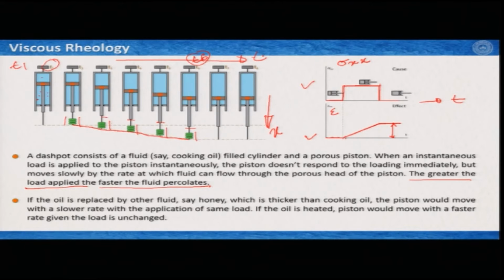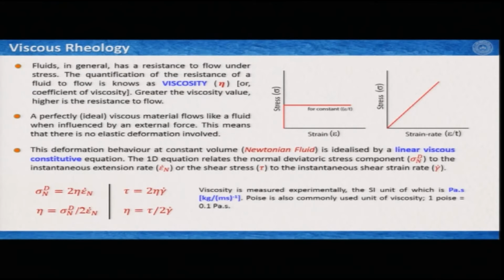That we can understand very easily and very quickly with the example of a dashpot. So, as we have learned that fluids in general have a resistance to flow under stress, and this typical term, that resistance to flow, when you try to quantify this resistance of flow of fluid under the application of stress, is known as viscosity, and viscosity is generally denoted by the Greek letter eta, or sometimes we call it coefficient of viscosity.